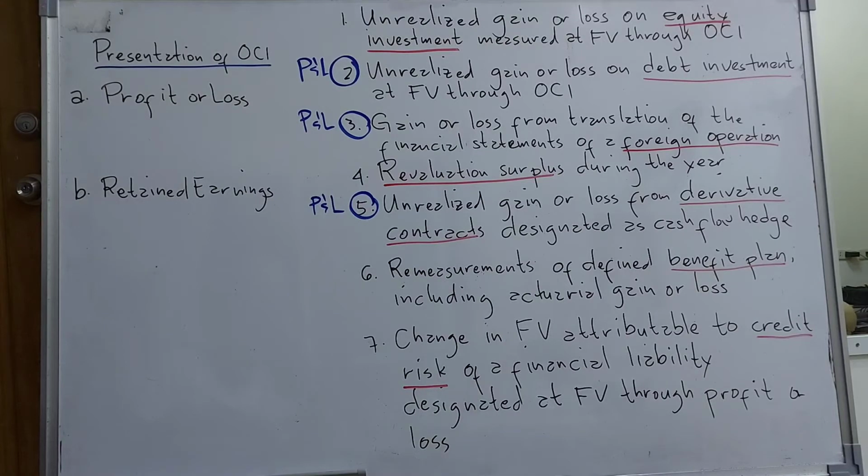Yun yung number 3. Okay. So, gain or loss from translation of the financial statements of a foreign operation. So, foreign currency translation gain. Yung pangalawa, unrealized loss on derivative contract designated as cash flow hedge. Yun naman yung number 5. Okay, so nakalagay siya as OCI to be reclassified to profit or loss. Okay, so yan yung sa presentation.